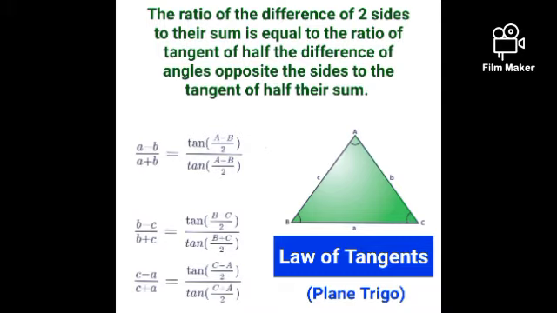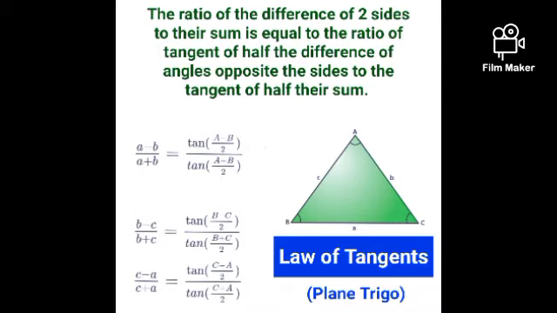The triangle shown in the diagram, the green triangle, is an oblique triangle because it does not contain a right angle. And the angles are denoted by capital letters A, B, C, and the opposite sides are denoted by small letters a, b, c respectively.